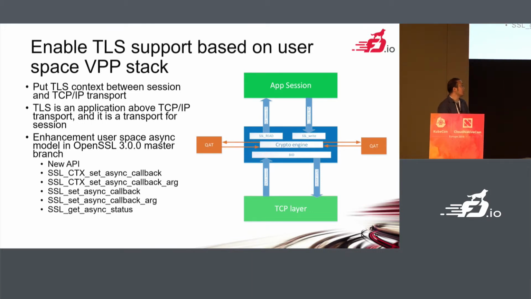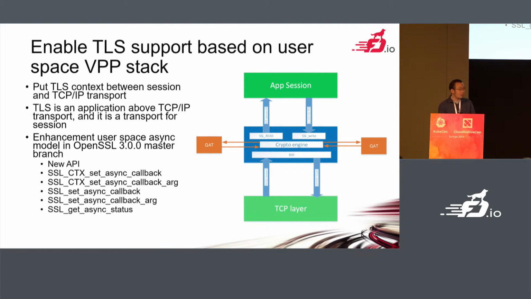So TLS is currently way in the middle of the stack. As an application session, it acts like a transport to provide the TLS connections, and it also utilizes the TCP layer to get the full stack support for the transport.